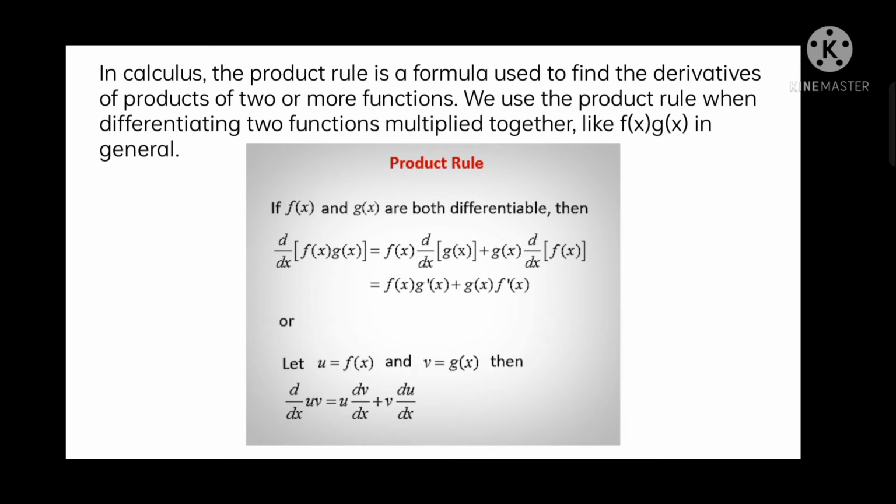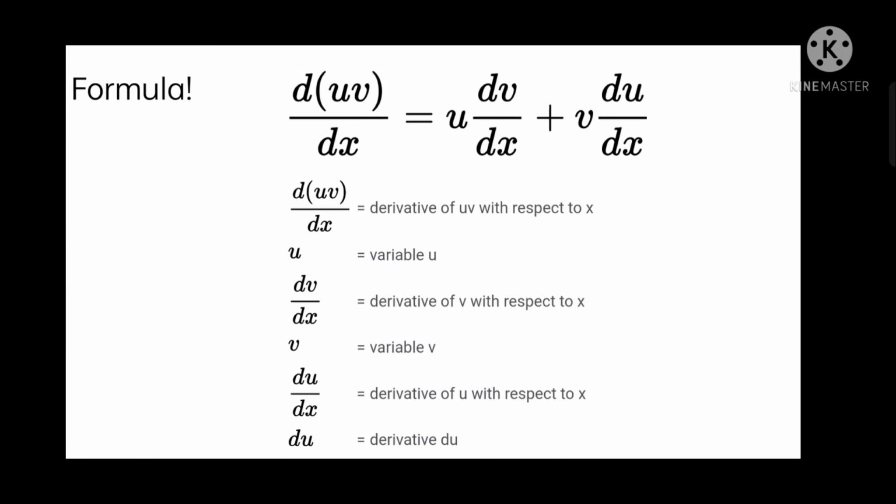As you can see in the picture, if f of x and g of x are both differentiable, then the derivative of f of x times g of x is equal to f of x times the derivative of g of x plus g of x times the derivative of f of x. So it's equal to f of x g prime of x plus g of x f prime of x. Here is the formula of the product rule. Just pause the video if you want, then proceed.